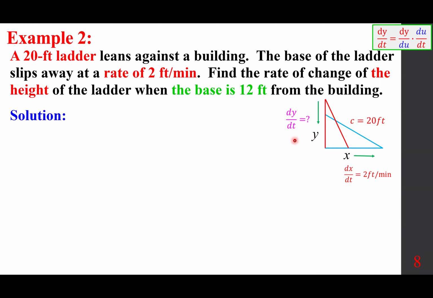As it moves down, it creates the speed or rate of dy/dt. I'm defining each variable, and that's exactly what you should do with word problems. You draw the setting, you define your variables, and we want to find this at what point: when the base is x, is 12 feet from the building, when x is 12 feet.